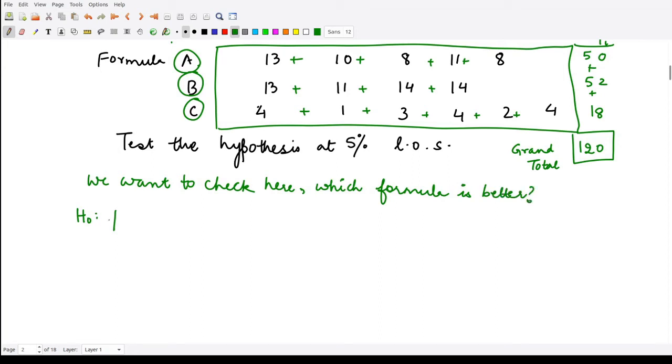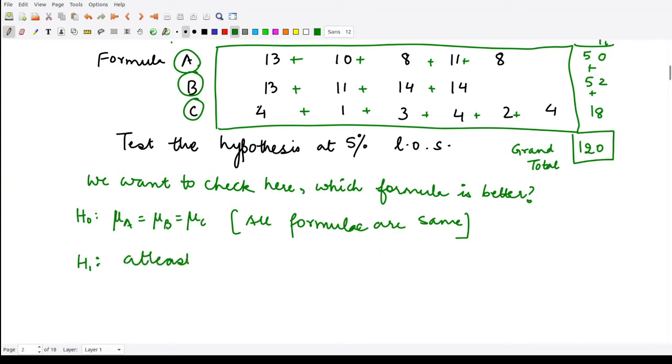So for that, we are assuming the null hypothesis as mu A equal to mu B equal to mu C. That means all formulas are same. And so our alternative hypothesis in this case would be that at least one of the sample means is different.